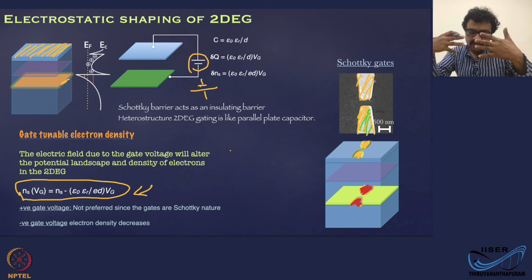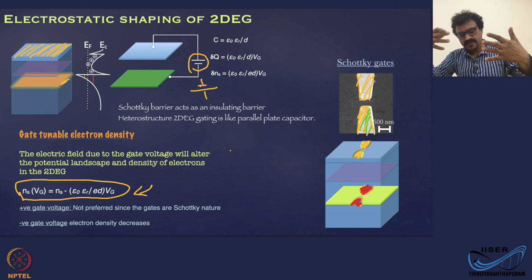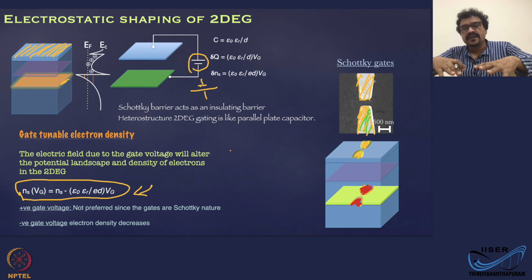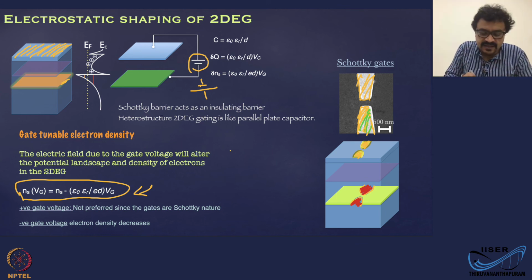Whatever the gate size and shape you have on the surface, you will get a configuration or shape for the electron sheet corresponding to that. So this is called electrostatic shaping of the 2DEG.